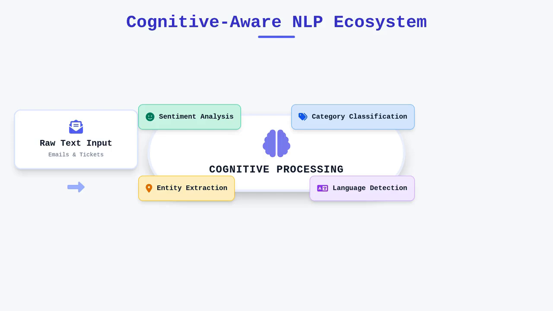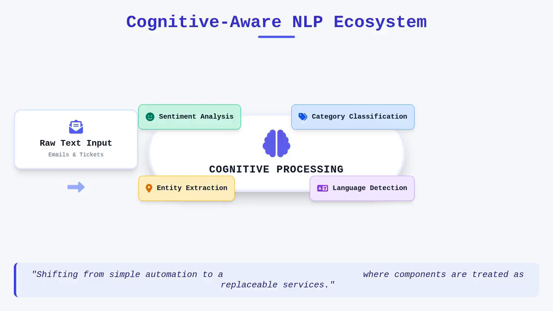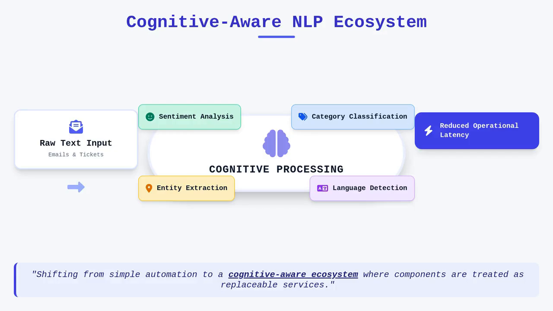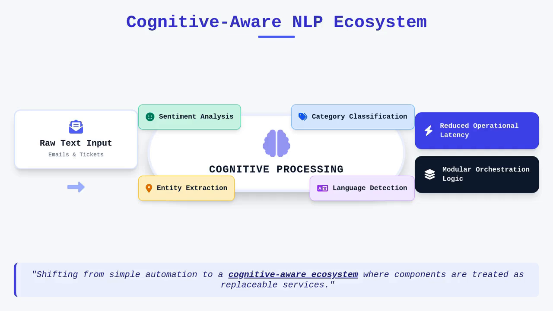Language detection completes this suite by ensuring that your multi-regional workflows interpret inputs correctly regardless of the origin. By deploying these models, you shift the architecture from simple automation to a cognitive-aware ecosystem that reduces operational latency. These components behave like discrete services in a larger architecture, which is why we must treat them as replaceable parts of our orchestration logic.